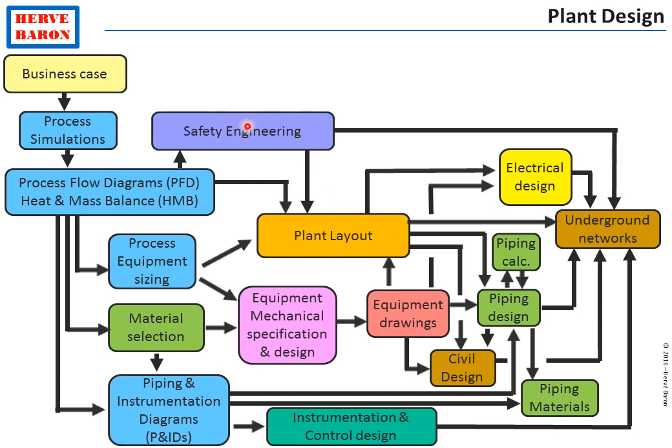Safety engineering, instrumentation and automation. Piping is shown in green with its various components, calculations, design, and materials and material selection as well. Electrical engineering is shown here, and civil is shown in brown.